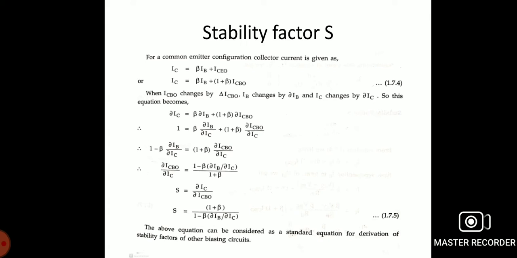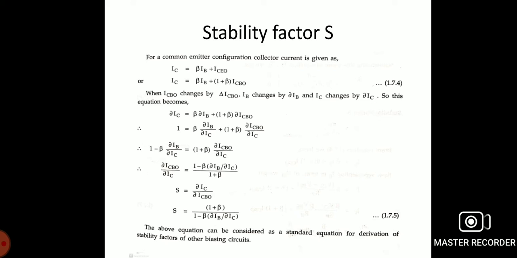Here, for a common emitter configuration, the collector current is given. What is the common emitter configuration output current? That is IC. The collector current is equal to the current amplification factor times the base current plus the collector emitter leakage current.